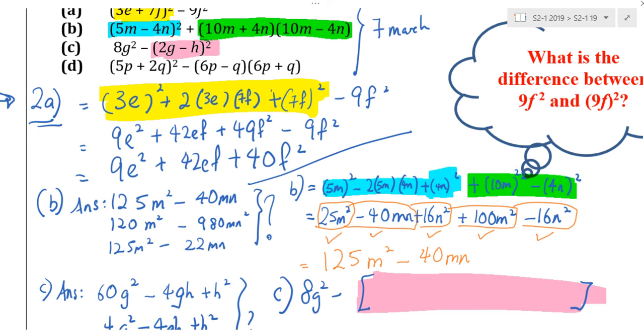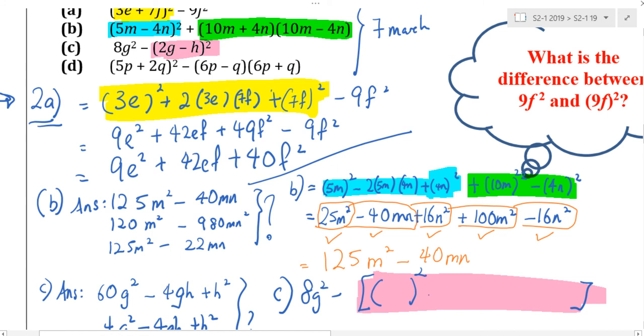So Ridwan, can you tell me this pink color thing, 2g minus h, follows pattern 1, pattern 2, or pattern 3? 2. Good. 2 means I can list out a series of brackets. So can you tell me I start with what? Bracket. Do you agree it's bracket square first?